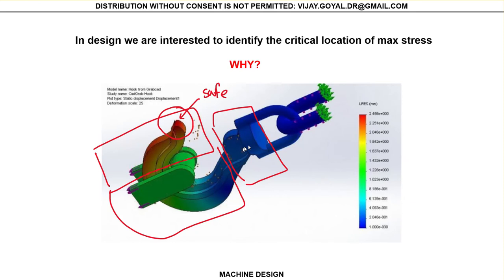But the fact is, if I identify the critical point here, that point will dictate the sizing of this entire structure. Maybe the critical point is over here, then that will dictate the sizing of this entire structure. Maybe it is somewhere there, then that will dictate the sizing of this entire section. So that's why the critical location of the maximum stress is important.